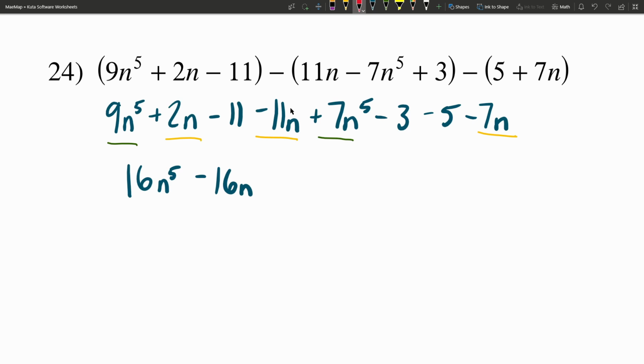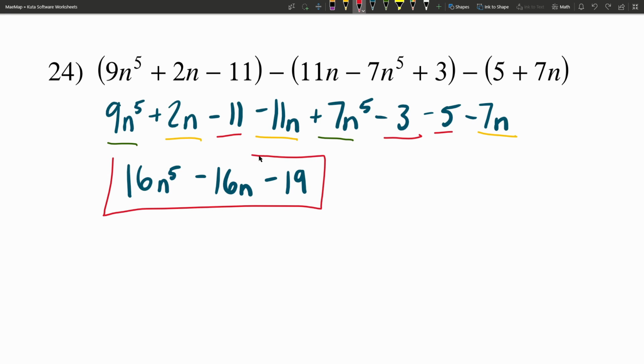And then lastly, our degree of 0 for n, which are just our constants, negative 11, negative 3, and negative 5. Combining those, negative 11 minus 3 is negative 14, minus 5 is negative 19. So subtracting 19. So our final solution on this worksheet is 16n to the 5th minus 16n minus 19.